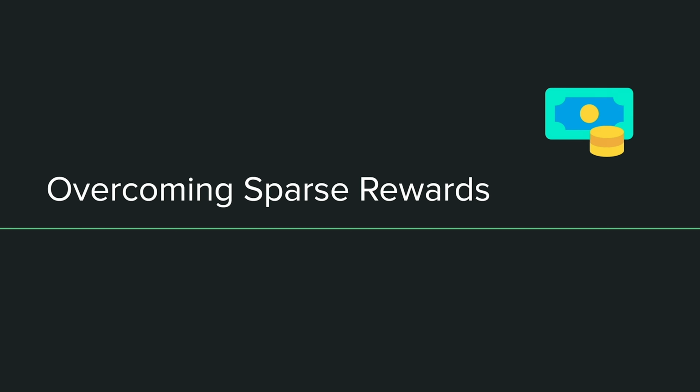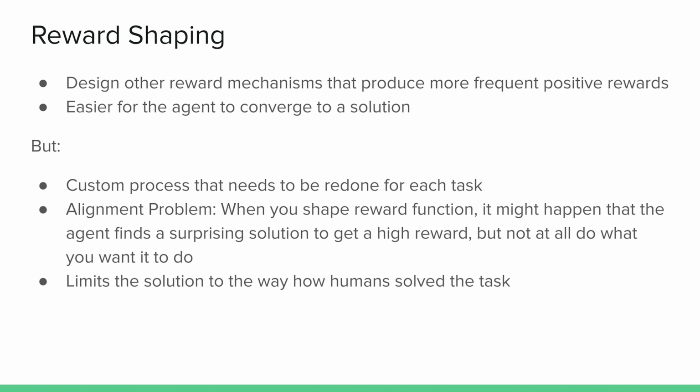The idea would be to shape the reward in such a way that the agent receives more rewards along the way. So we can design mechanisms that produce these more frequent rewards, and by doing so it becomes easier for the agent to converge to the solution that we wanted.